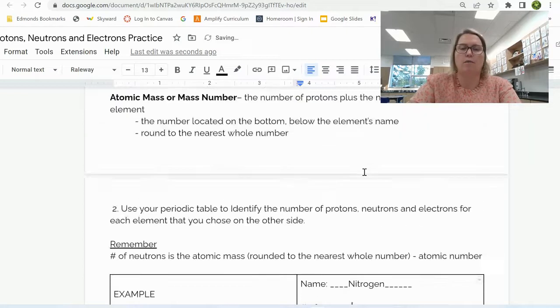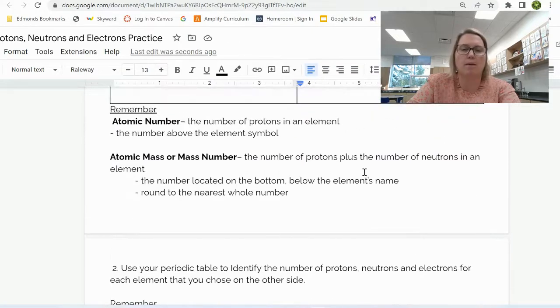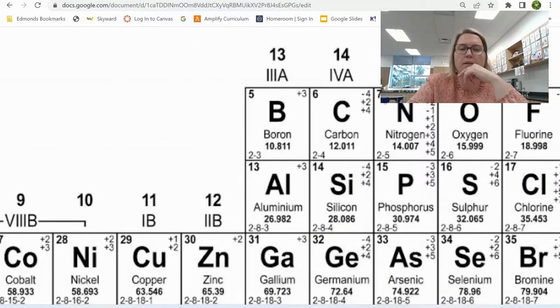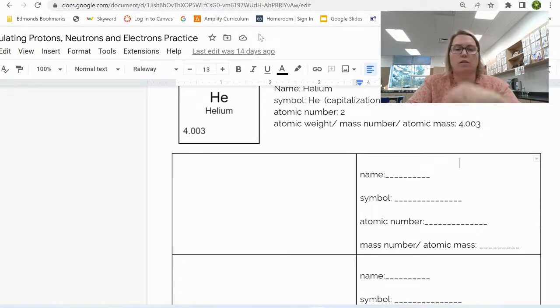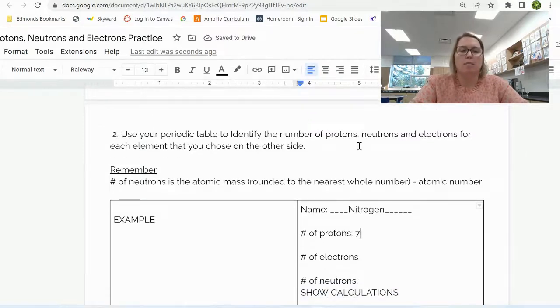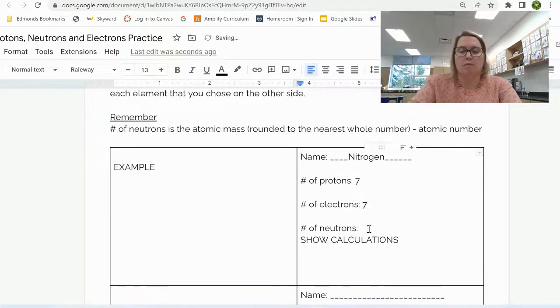The number of protons, remember, is the atomic number, which is the number above the element. When I look at the periodic table, the number above is 7. So let's type in 7. That'll be 7 protons. Remember that the number of protons is equal to the number of electrons, unless it's an ion. So we have 7 protons, which means we have 7 electrons.